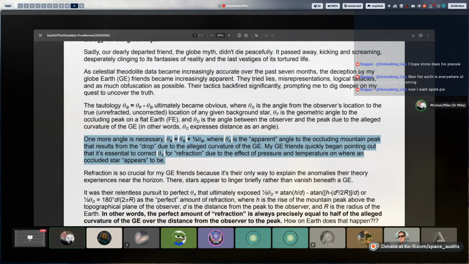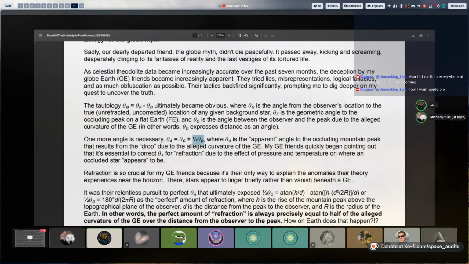This is basically the globe angle plus refraction. And what I'm pointing out here is what our globe Earth friends are calling refraction is really just half the distance angle. And refraction is extremely important to our globe friends because without refraction, they can't explain the many anomalies their theory experiences near the horizon.